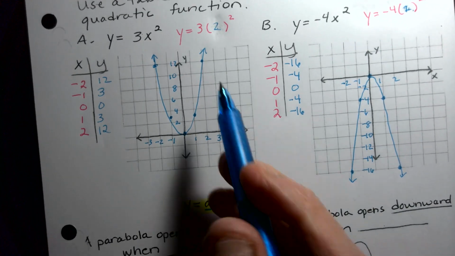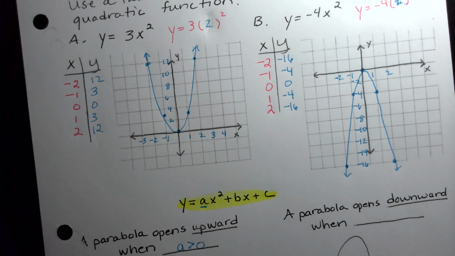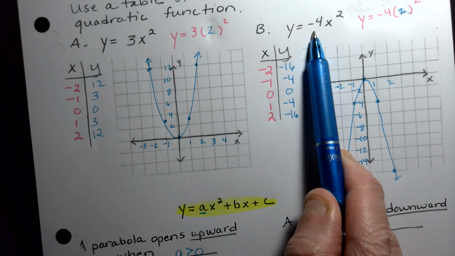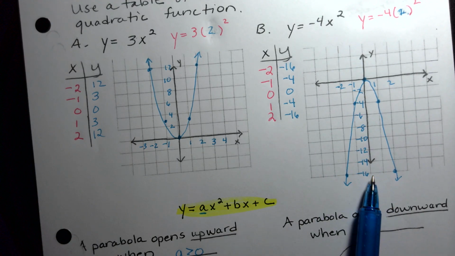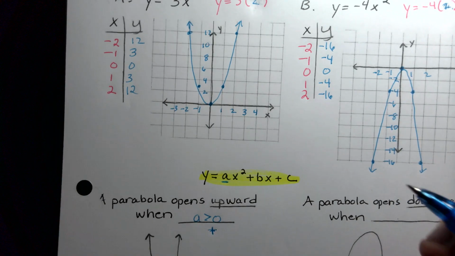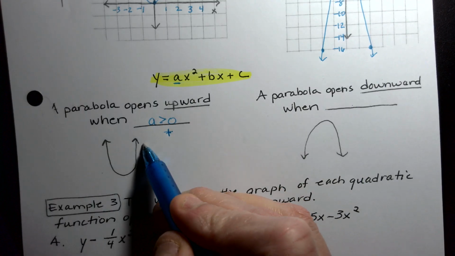So let's look up here. Is it bigger than 0? Yes. Is that bigger than 0? No. So basically what happens is you end up having a positive value here, and you're going to have a positive value here. That's going to go up.